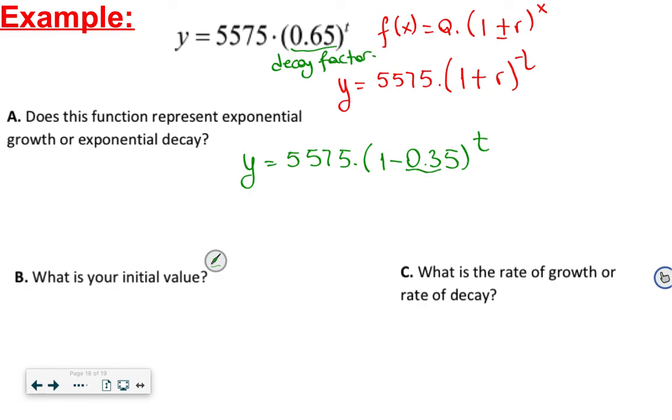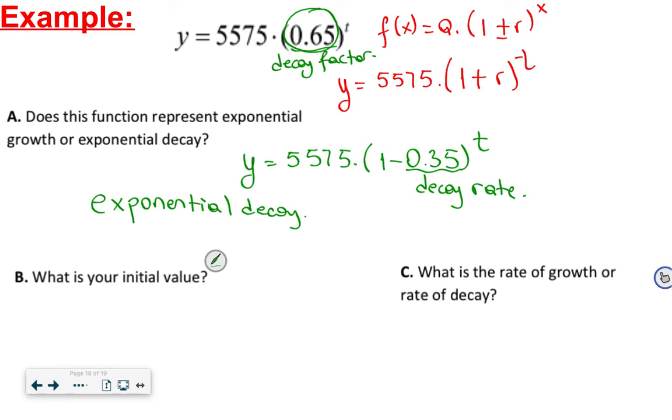And this decay rate is 0.35. That's the reason this is exponential decay. Again, why is it exponential decay? Because your exponential factor is less than 1.